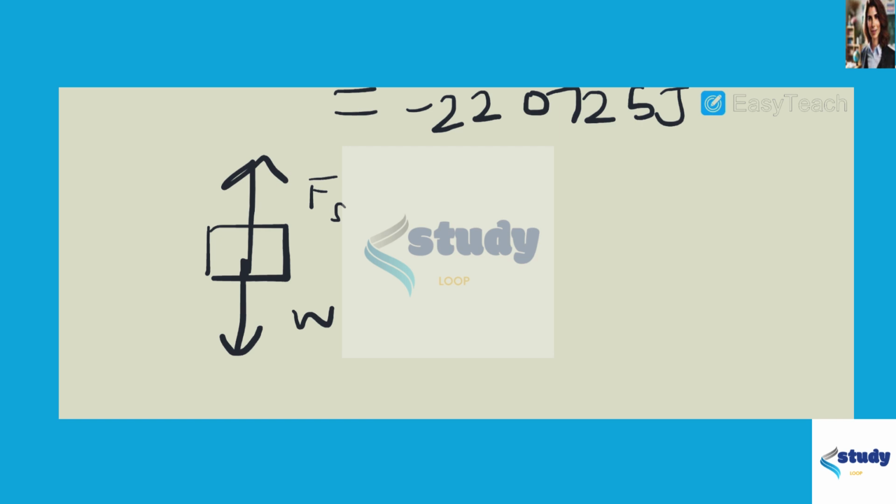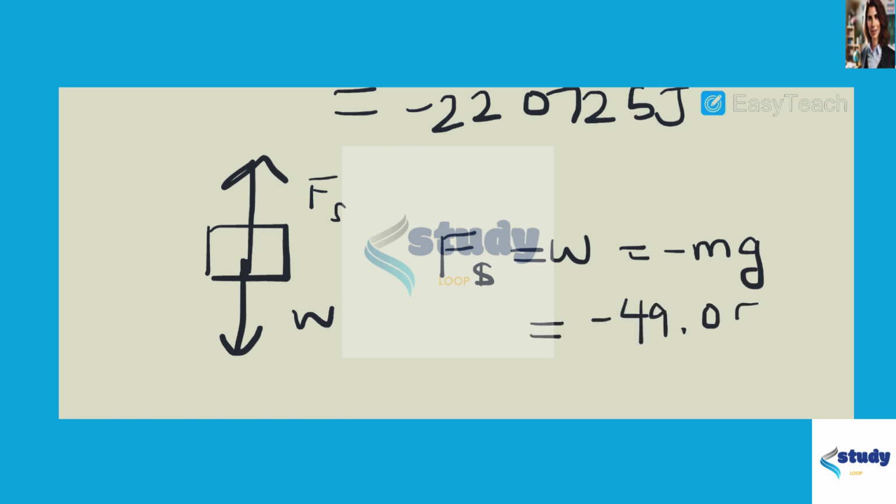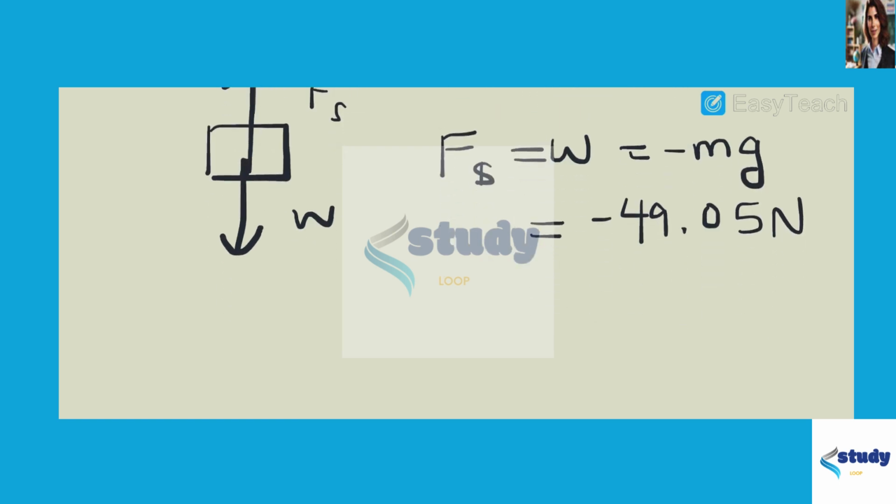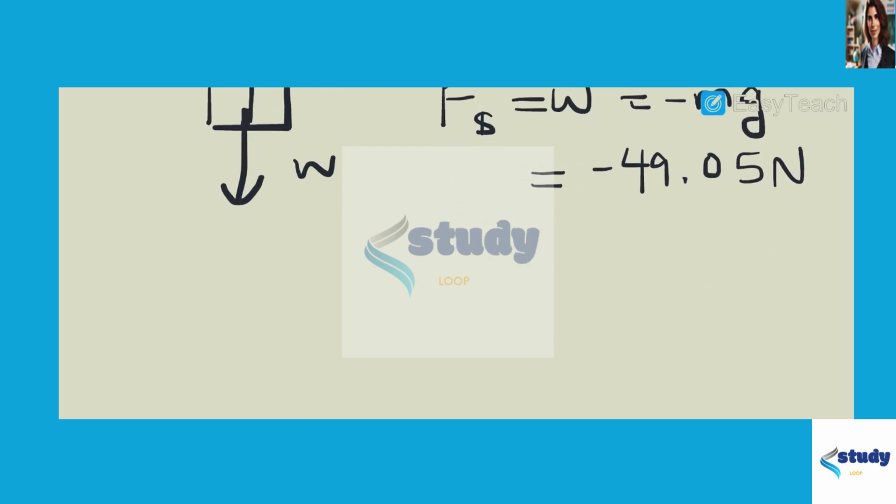So we can rewrite this as saying that F1 or Fs is going to be equal to the weight, and that is equal to negative mass times gravity, and that's going to be equal to negative 49.05 newtons.